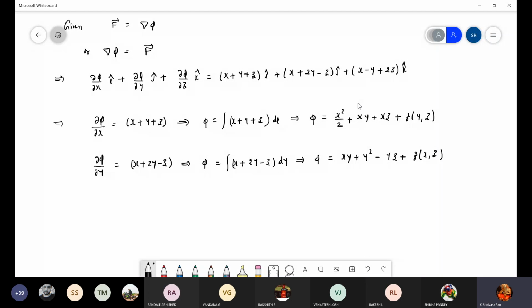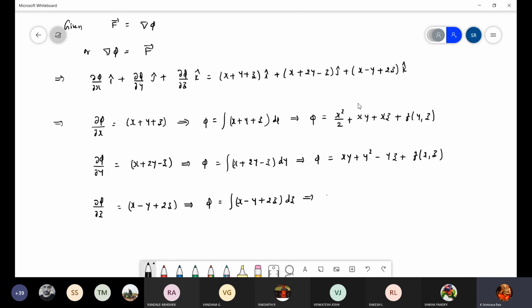And the last one, dou phi by dou z equals x minus y plus 2z. That implies phi equals the integration of x minus y plus 2z dz.